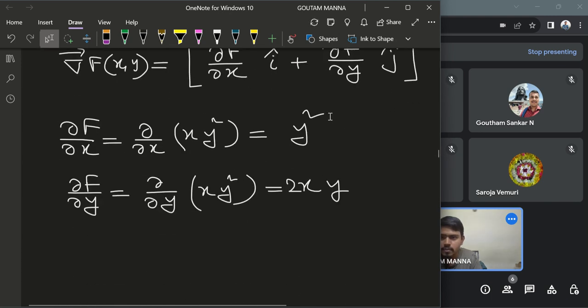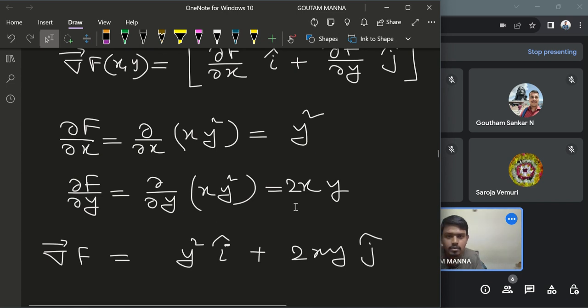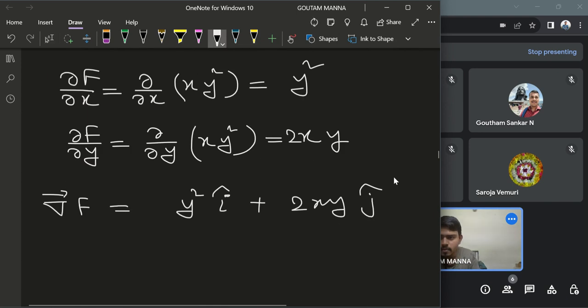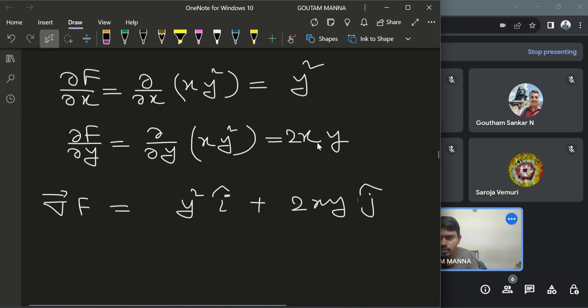Okay, so the gradient of f is y square i hat plus twice x y j hat. And we have to find this gradient at point (2, minus 1).